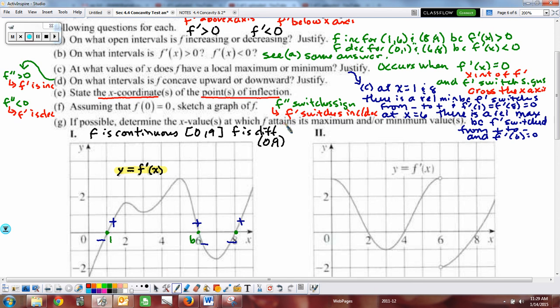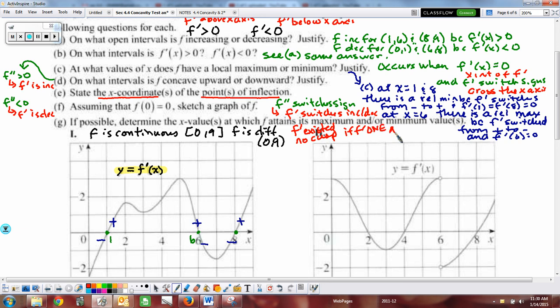And we want to make sure that f prime existed, and that there was no cusp if f prime does not exist.